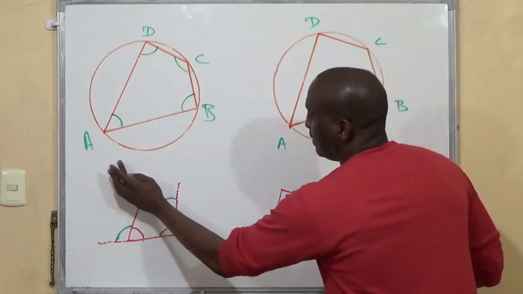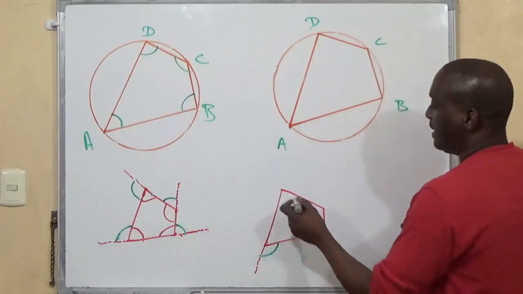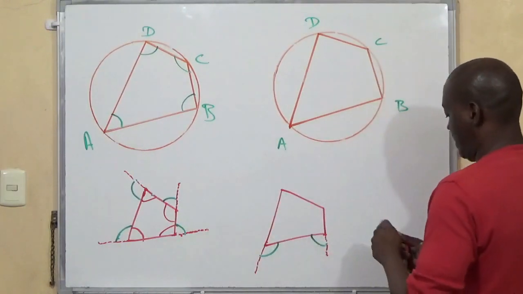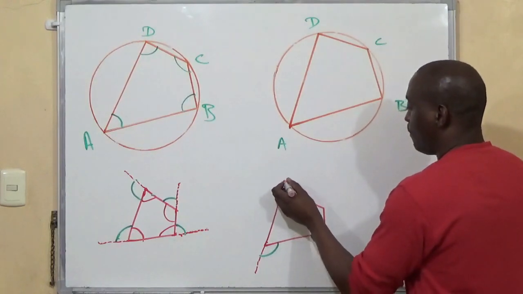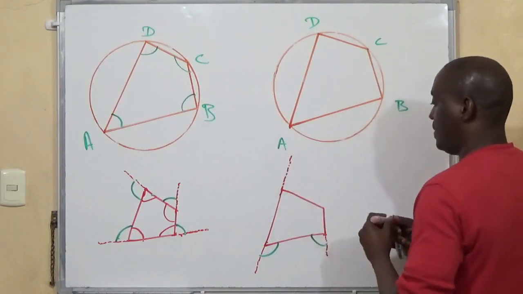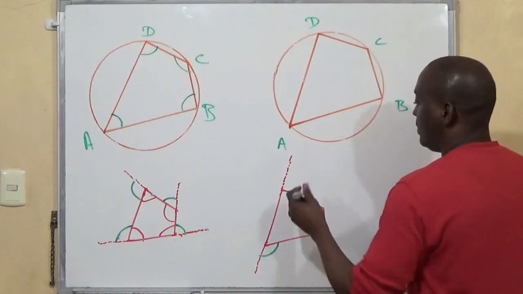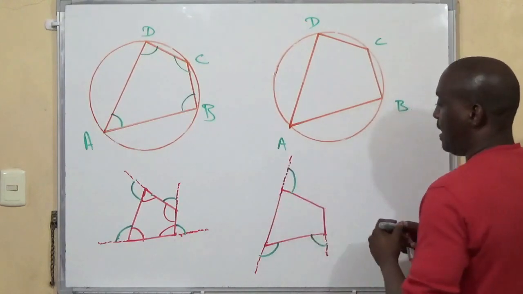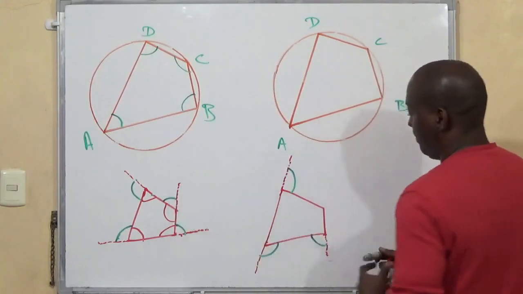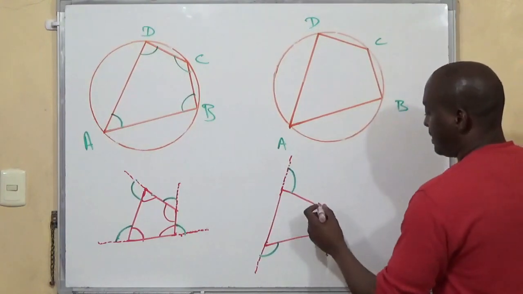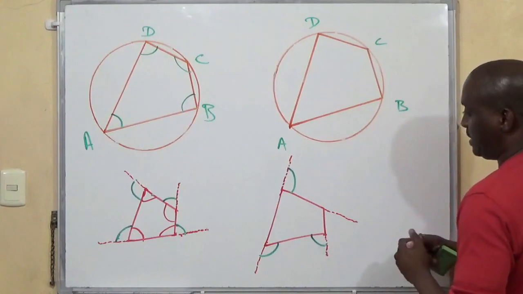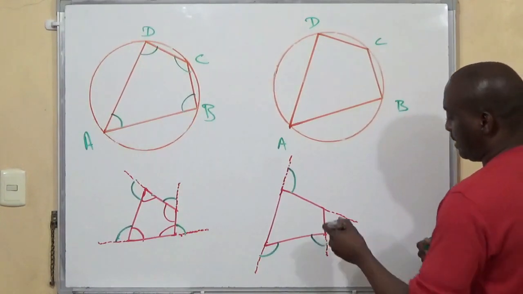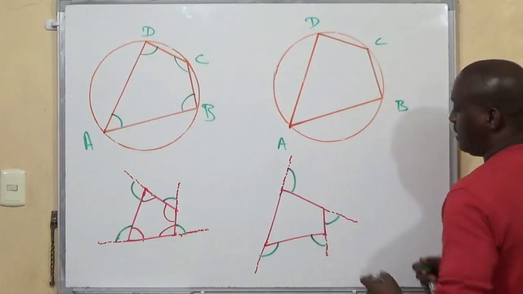Instead of extending here, I could extend here, in which case this would be a new exterior angle. And instead of extending up there, I could extend across here, in which case the exterior angle would be here.